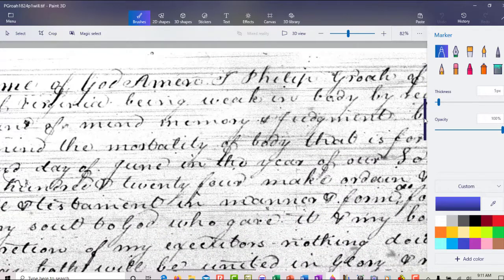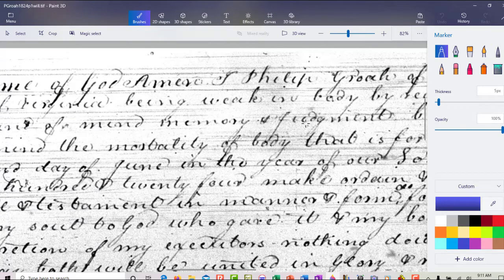And you can see these funny little D's. Here's the word God with the curly Q D. This will was inscribed in 1824.